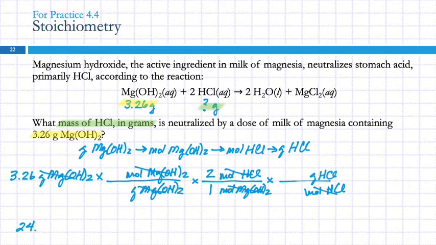So magnesium, there's one of those, 24.31. How many oxygens? 2, right? I've got parentheses around the OH, and it tells me on the outside there's 2 of them. So that's 2 O's and 2 H's.